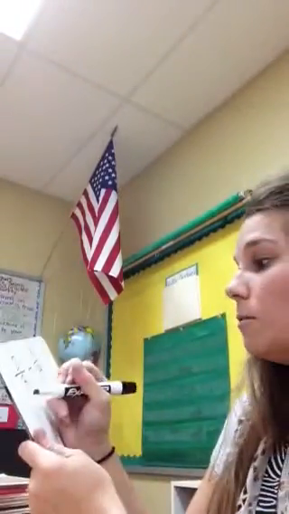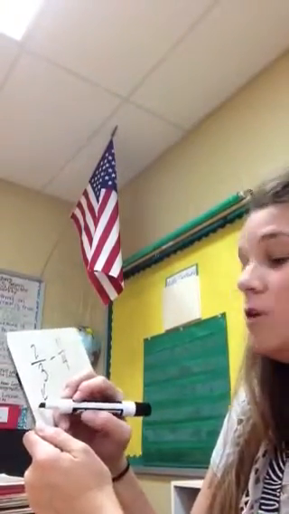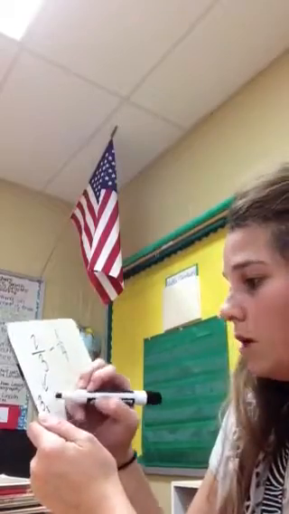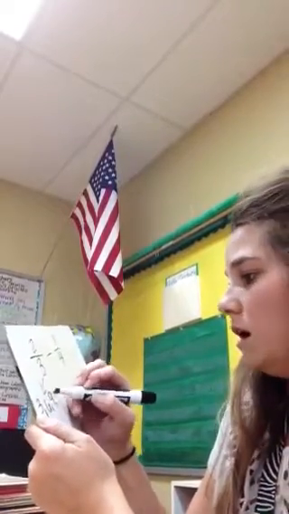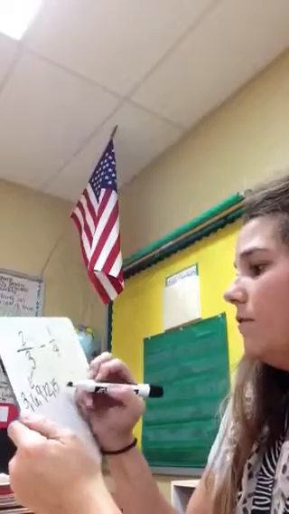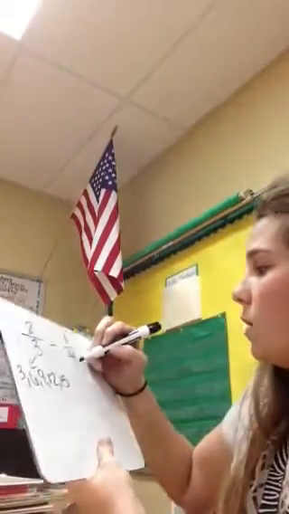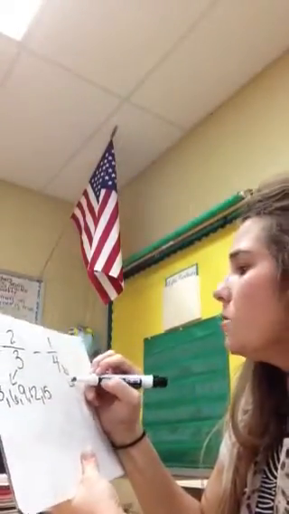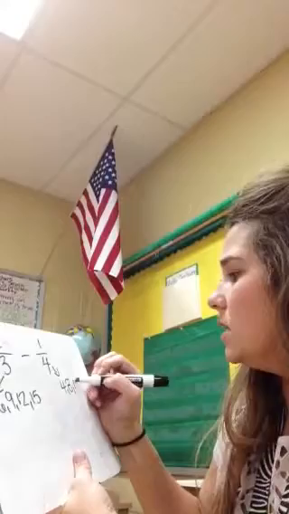So I could list the multiples of 3. So I'm counting by 3's. So 3, 6, 9, 12, 15. That's probably enough. Now let's list the multiples of 4. Let's count by 4, and then we're going to look for one that's the same. So 4, 8, 12, 16.